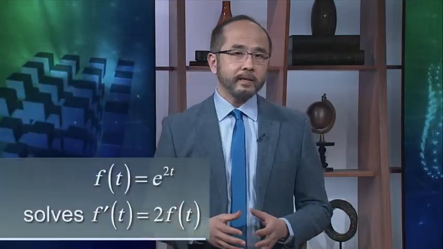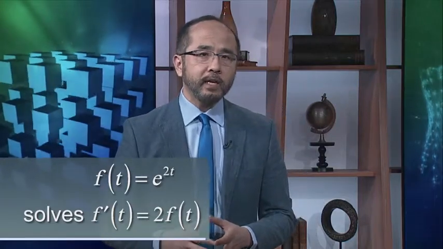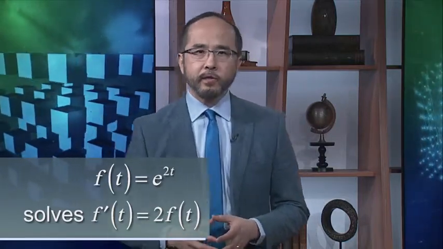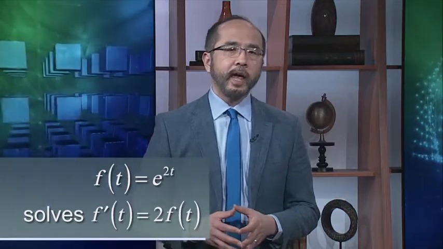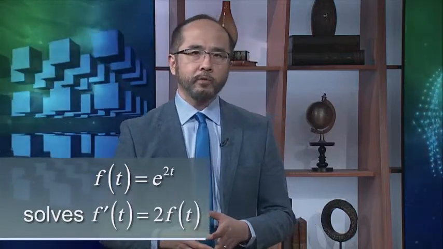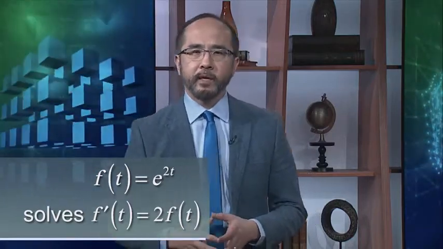In this case, f of t equals e to the 2t is a solution to the differential equation f prime of t equals twice f of t. More generally, if x of t is a function that satisfies x prime equals a times x for some constant a, then a solution is x of t equals some constant c times e to the at.